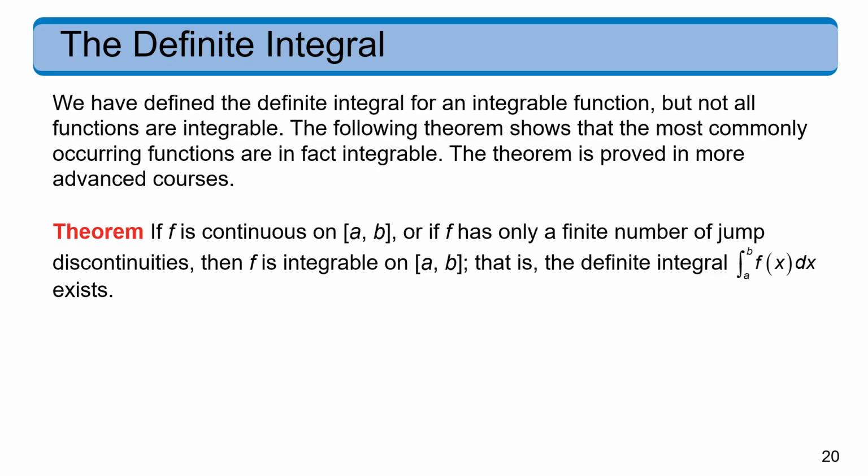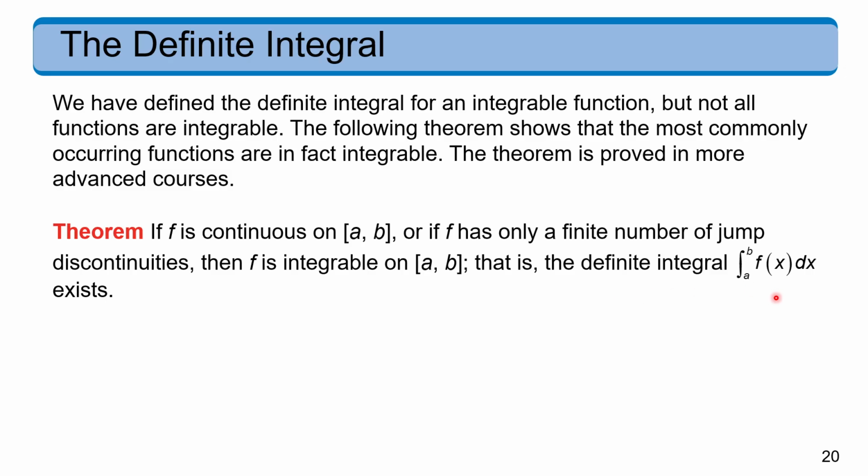And those conditions are if your function is continuous on the closed interval that you're considering, or f doesn't have to be continuous, but if it has only a finite number of jump discontinuities. In either of these situations, the function would be integrable over that x interval.